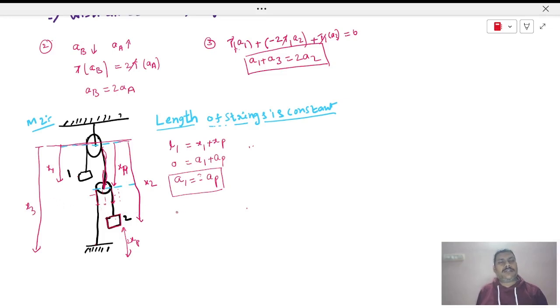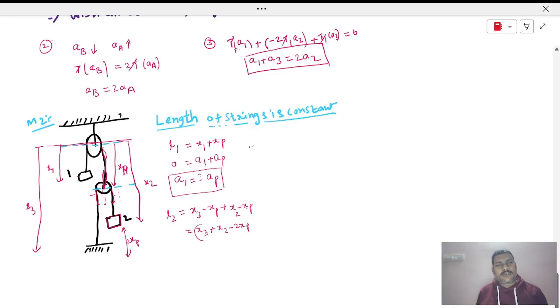Now the next length, L2. L2 is equal to x3 minus xp, from the diagram, plus this length, x2 minus xp. So that is equal to x3 plus x2 minus 2xp.